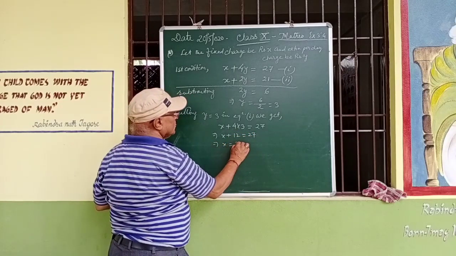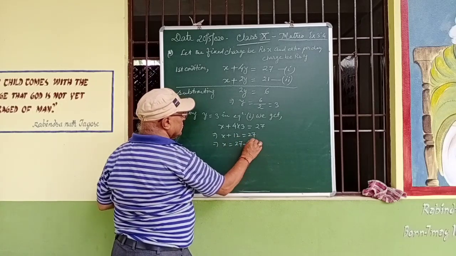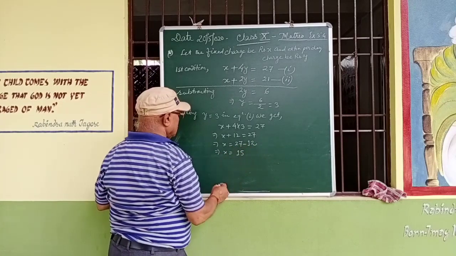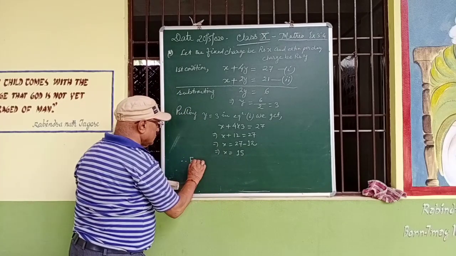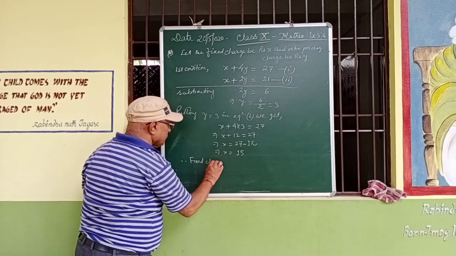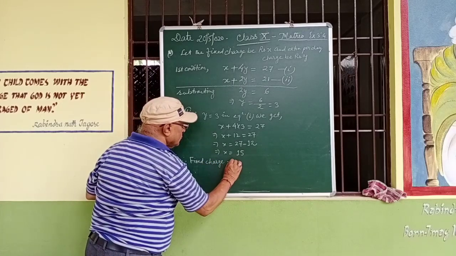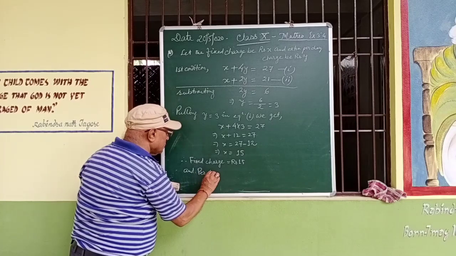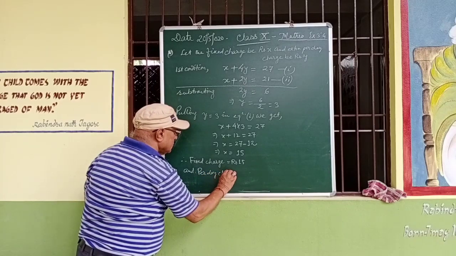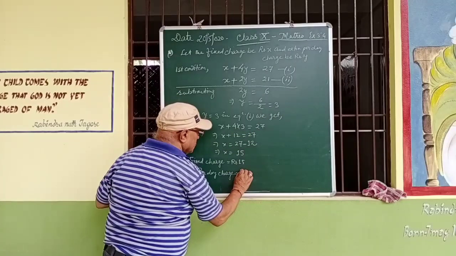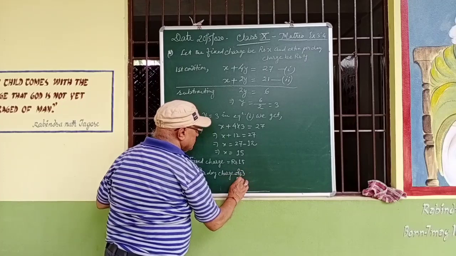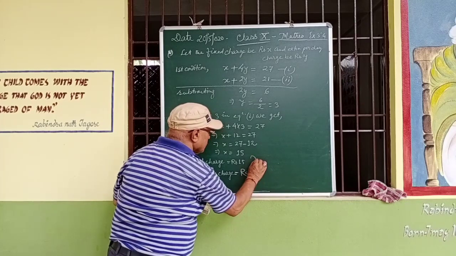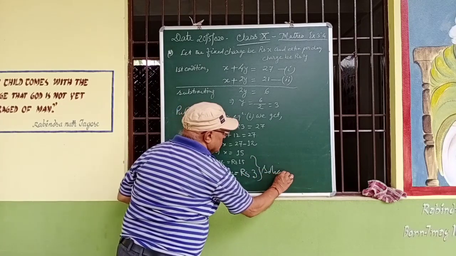Or x is equal to 27 minus 12, or x is equal to 15. Therefore, the fixed charge is equal to rupees 15 and the per day charge y is 3, the per day charge is rupees 3. This is our solution.